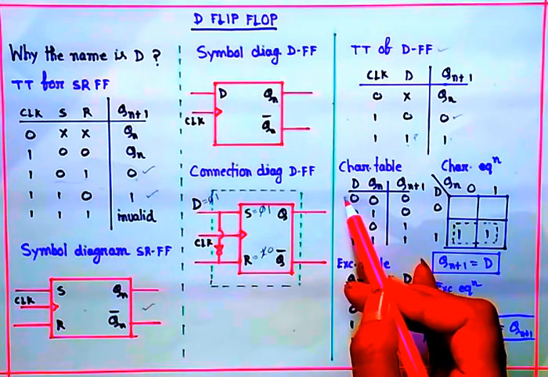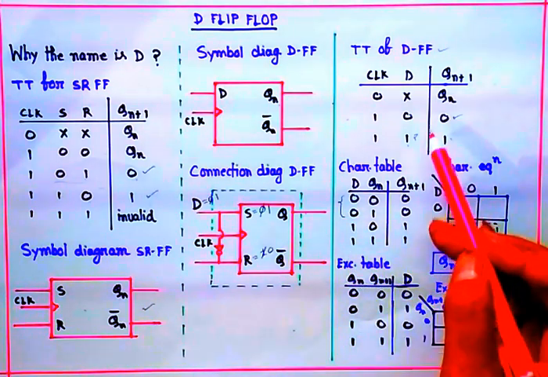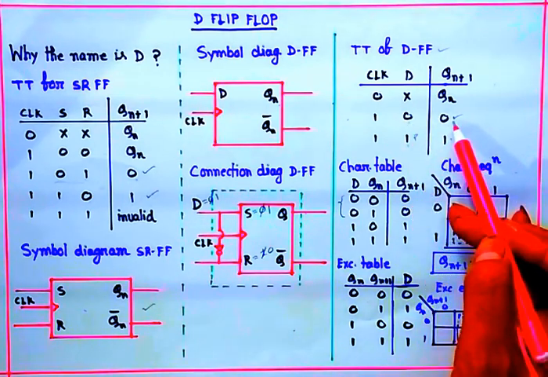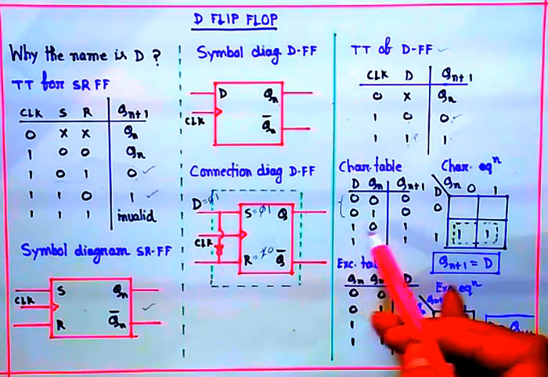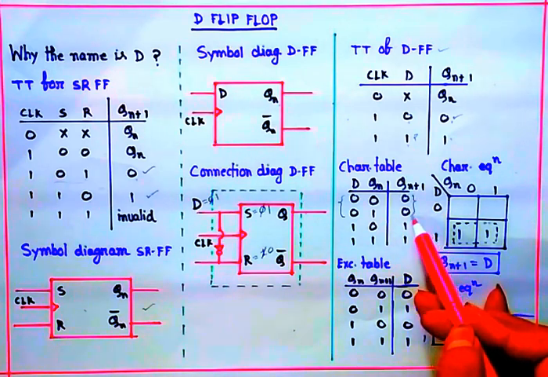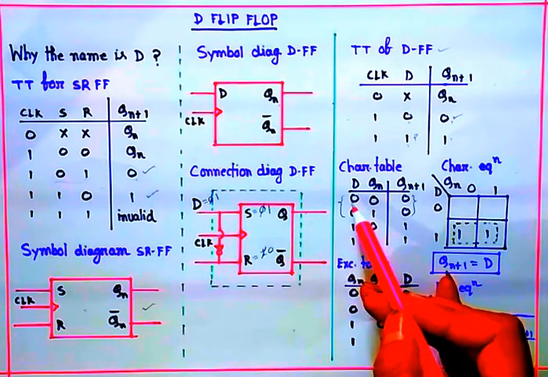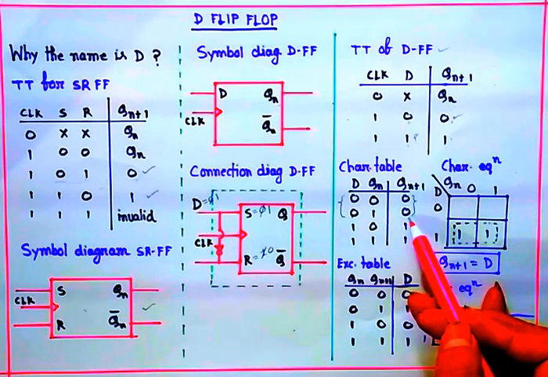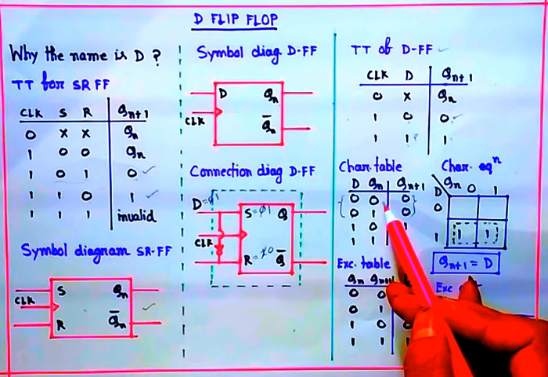For these two lines the input D is 0, and you know that when the input D was 0 the output Qn plus 1 was also 0. That means for these two lines you have to put the output 0 and 0. That means when D is equal to 0, Qn plus 1 will also be equal to 0. It doesn't depend on the value of the input Qn.